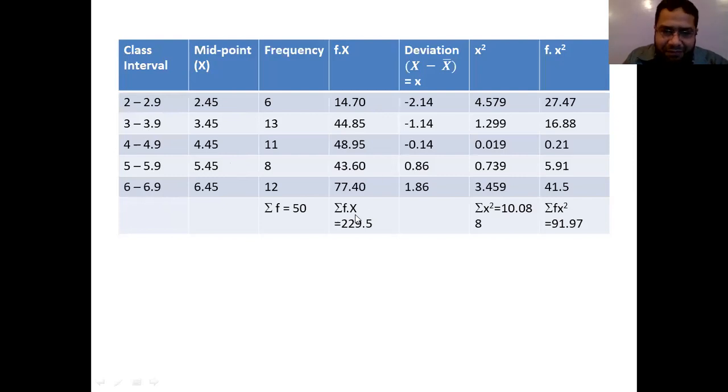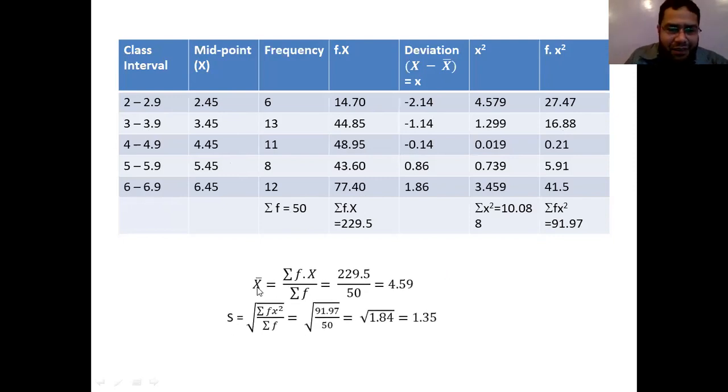The arithmetic mean x bar is given by summation of fx divided by summation of f, and our mean comes out to be 4.59.